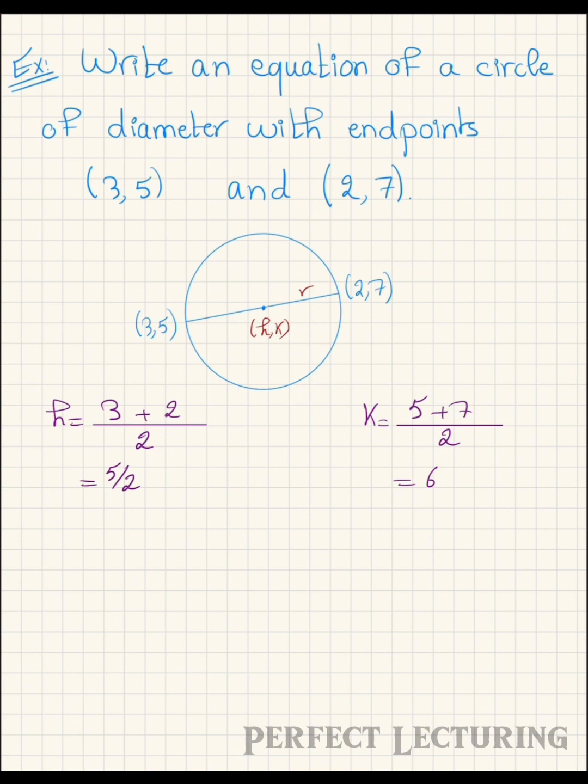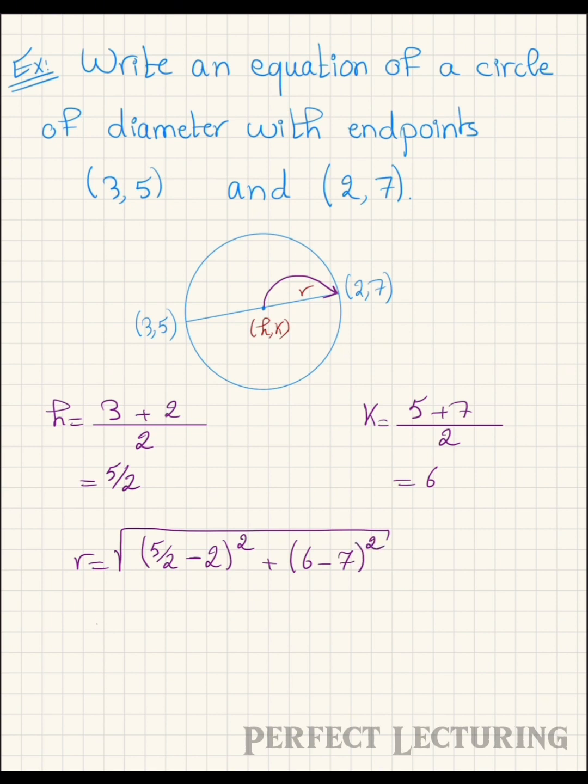We can either find the length of the diameter and divide it by 2, or we can find the distance between the center and one of the endpoints, and this will be the radius. I will choose to find the distance between the center and the point (2, 7). So r is equal, we apply the distance formula, so that is the square root of (x1, which is 5 over 2, minus x2, that is 2) all to the power of 2, plus (y2, that is 6, minus y1, that is 7), all of it to the power of 2.